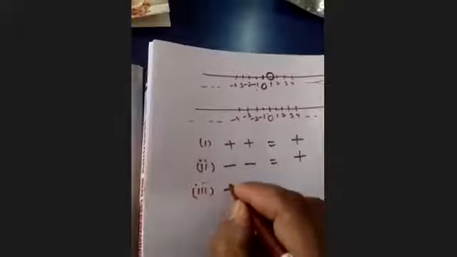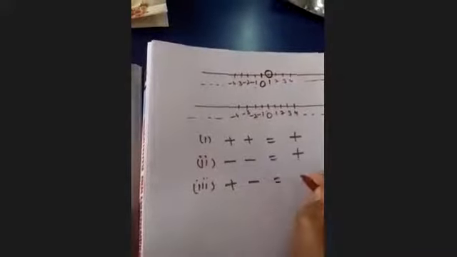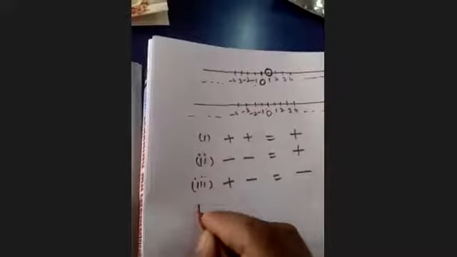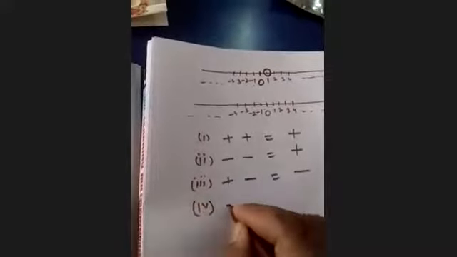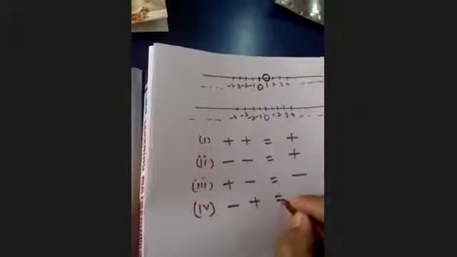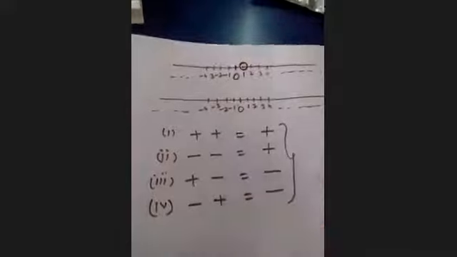Third is plus, minus, minus. Fourth is minus, plus, minus. We follow these rules for addition and subtraction of integers.